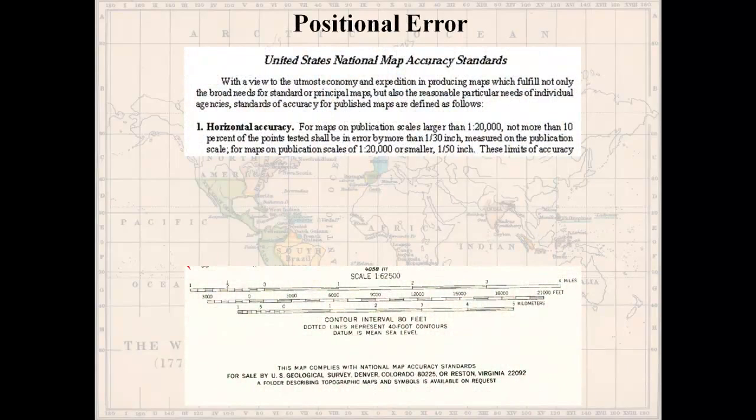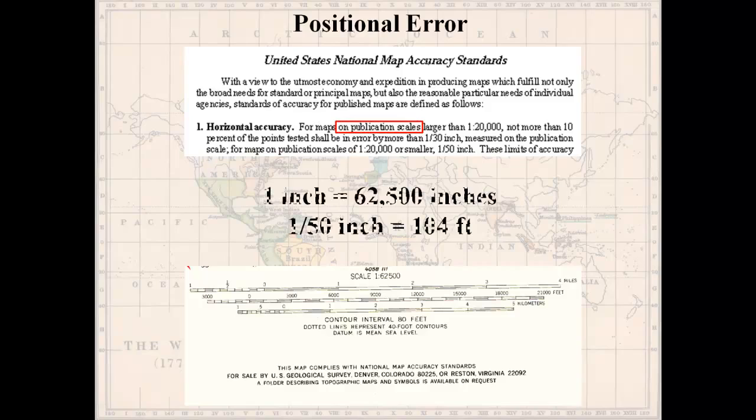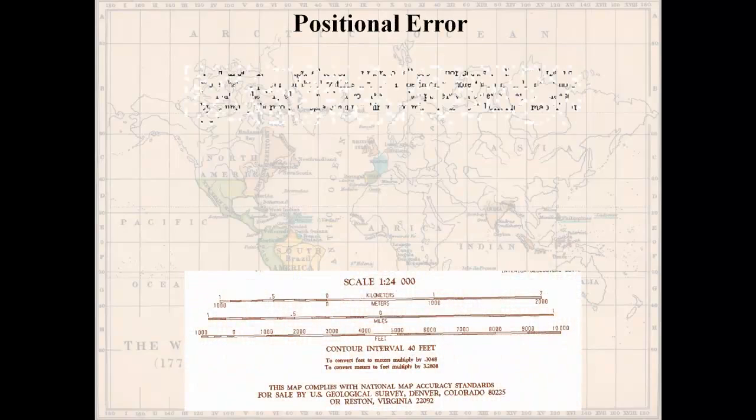If you go to a 15-minute topo map, you're going to get worse positional error, right? Because the width of that pencil is going to cover more land surface. And so what we have there is that 1/50th of an inch becomes 104 feet in the real world. So you have much higher positional error as you go to larger areas that you're covering.